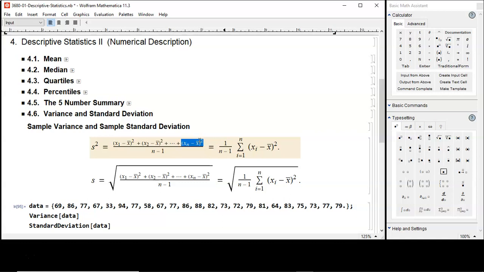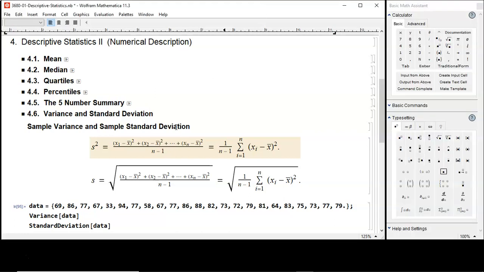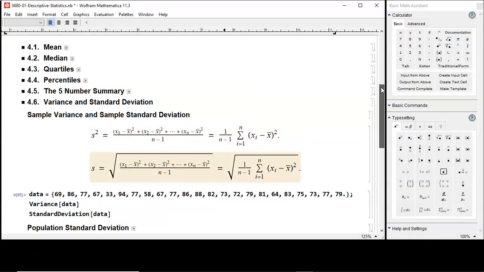So if each of the squares are big and on the average are big, that means they're more spread out. And on the other hand, if this quantity is small, that means more concentration toward the center. And that kind of thing is called variance. Take the square root of that, and that's called the standard deviation.